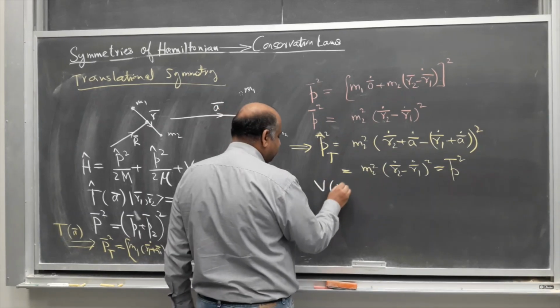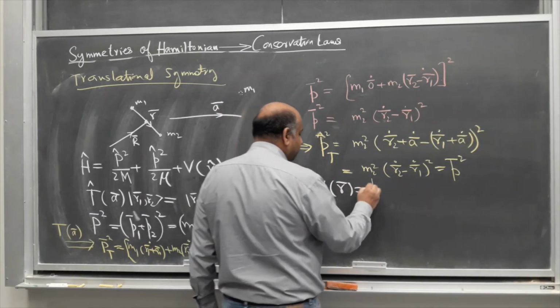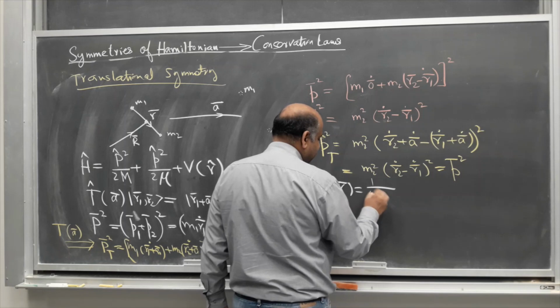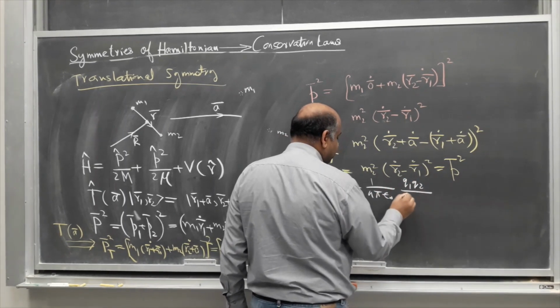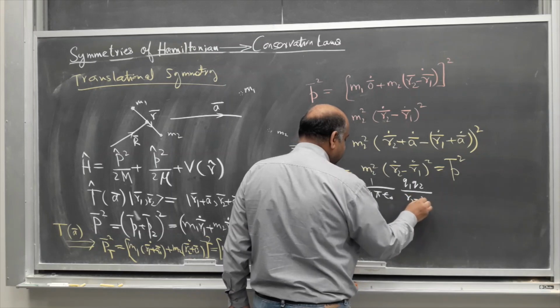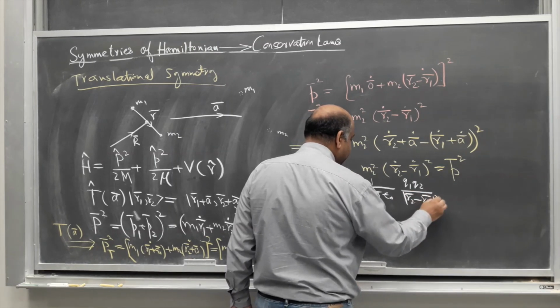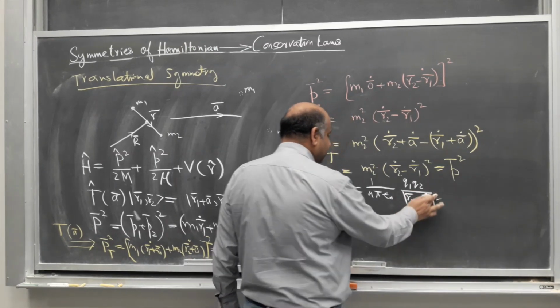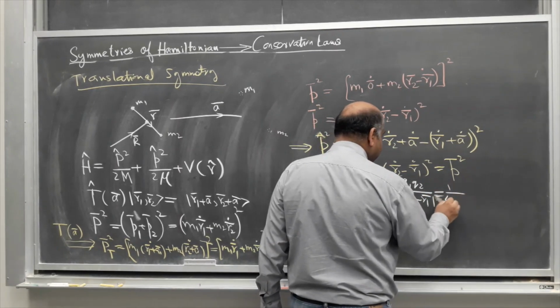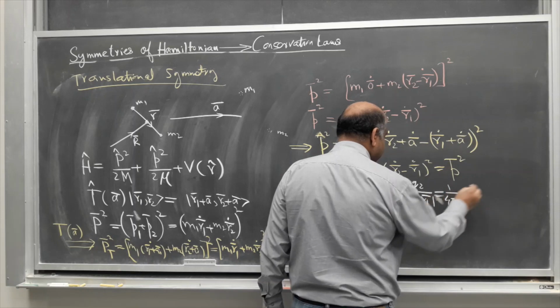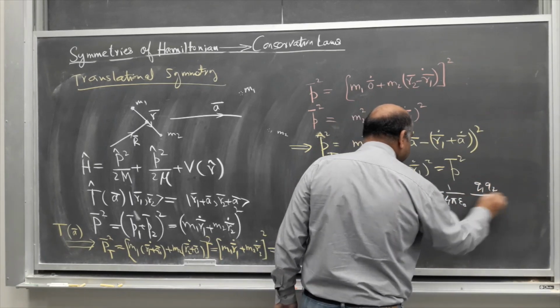The potential between two particles, if both particles are charged, is 1 over 4 pi epsilon naught q1 q2 over mod of r2 minus r1.